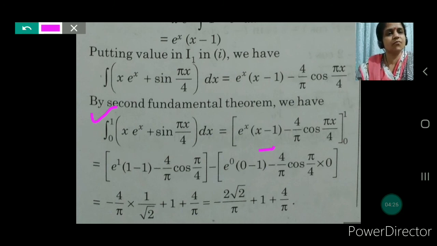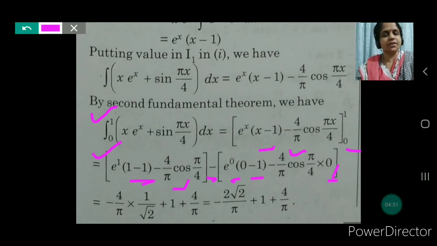So take 1 in place of x. You will get e raised 1, here 1 minus 1, then minus 4 by pi cos pi by 4. Then take a negative sign, and now put 0 in place of x. You will get e raised 0, here 0 minus 1, minus 4 by pi cos pi by 4 into 0, and now solve it.